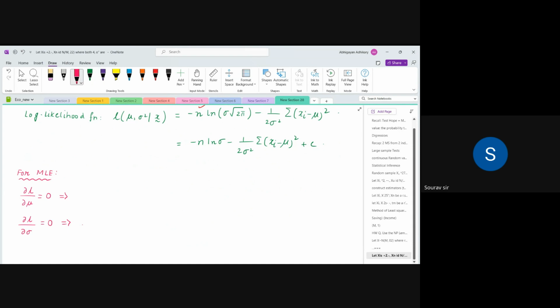Okay. So what will be the first one? When you differentiate with respect to mu, this expression, the last line that we have got, minus n log sigma minus 1 by 2 sigma squared summation (xi minus mu) whole square. So when you differentiate, n log sigma will be 0, minus 1 by 2 sigma squared times 2 times summation (xi minus mu) is equal to 0.